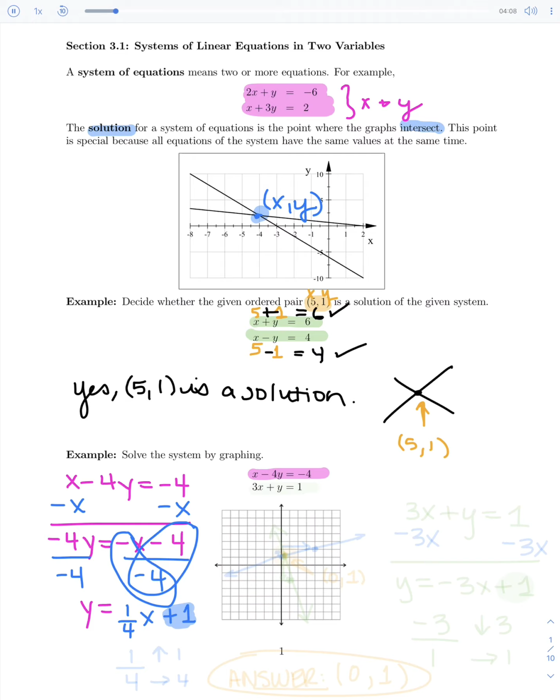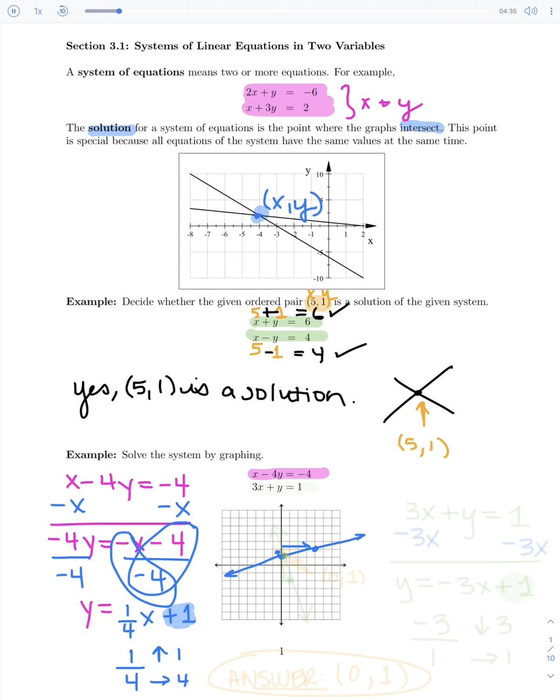So we'll start on the y-axis up at 1. Then our slope is 1/4, which means we're going to go up 1 and to the right 4. So 1, 2, 3, 4. And that's where our second point will be. And there's our 2 points, and we can draw our line.